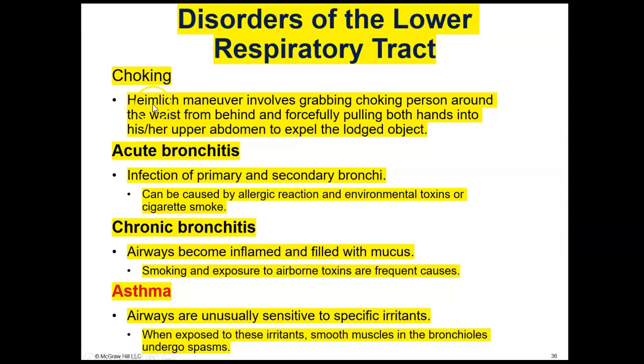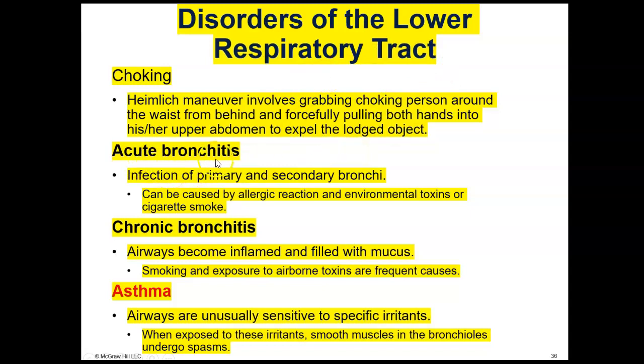And you probably know this, but you can use the Heimlich maneuver, which involves grabbing the choking person around the waist from behind and then forcefully pulling both hands into their upper abdomen to cause forceful air, to hopefully dislodge whatever the object is that caused the choking.